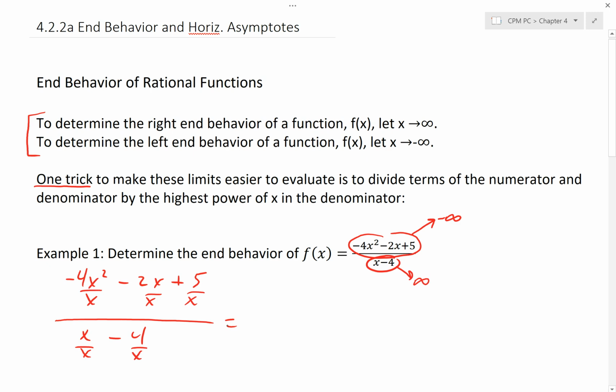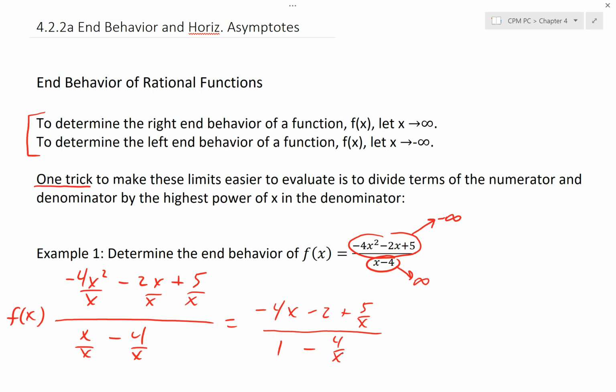And so now I can rewrite that function, and so that is going to be negative 4x and then minus 2 plus 5 over x, and this is going to be 1 minus 4 over x.